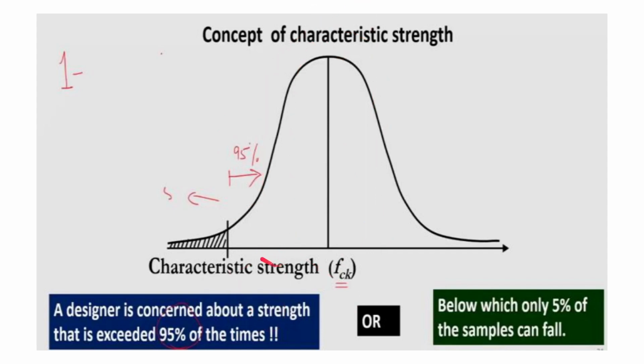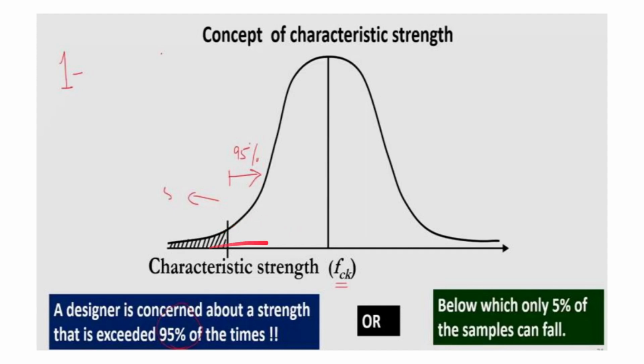FCK is the characteristic strength, which is this one. But if we design for this, we will get only 50%. 50% may be greater than or equal, but 50% will have a chance of being less. To get 95% accuracy, that is a 95% exceedance rate, we need to design for a strength which is much more.